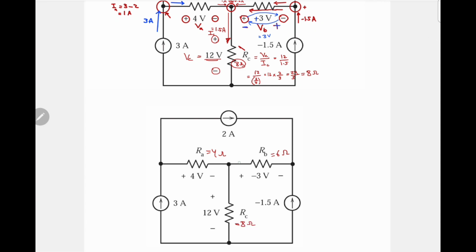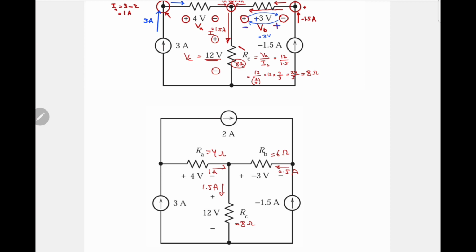And we have the current in this direction, 0.5 ampere, the current in this direction is 1 ampere, and the current here is 1.5 ampere.